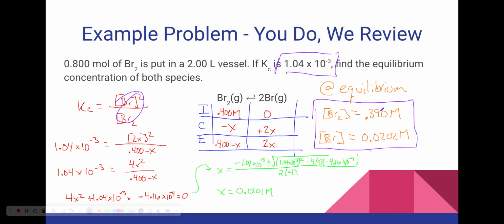So if you plug in 0.390 molar for Br2 in the denominator, and then you plug in 0.0202 into the numerator and square it, you will get back 1.04 times 10 to the negative 3. That's just a quick way to check your work. Of course, we could have checked our work just like that on example problems 1 and 2.